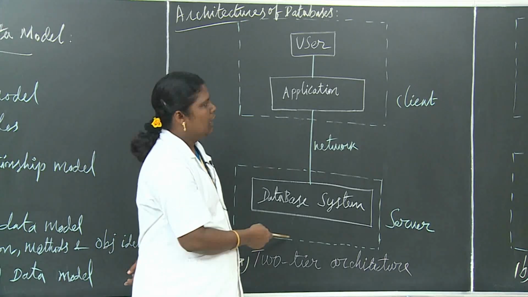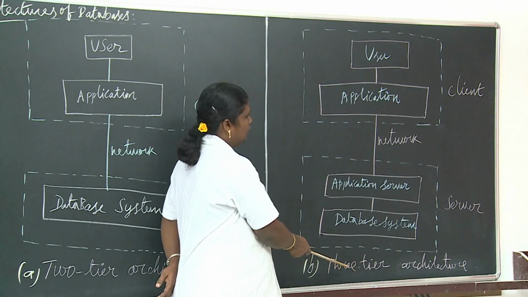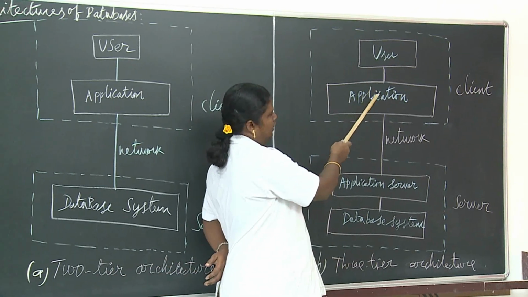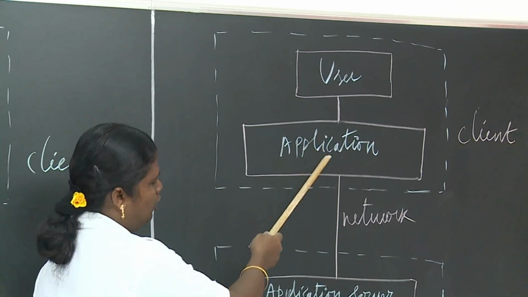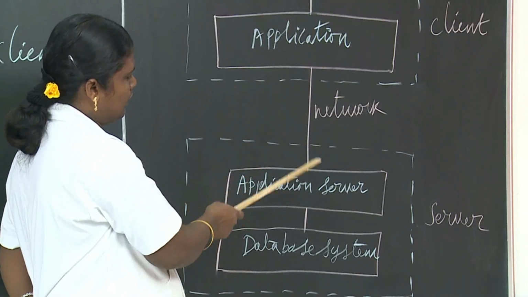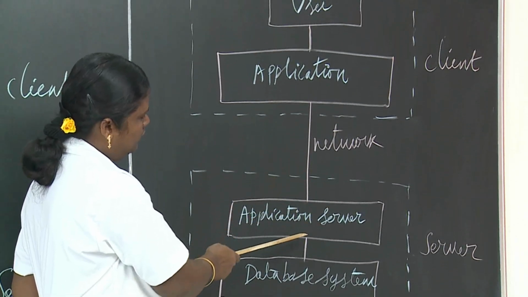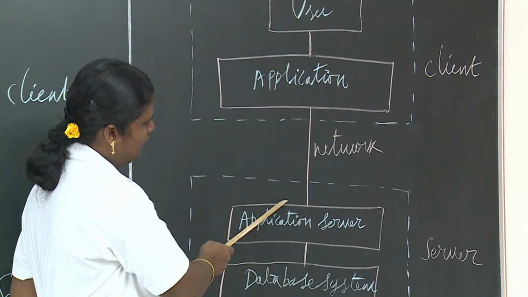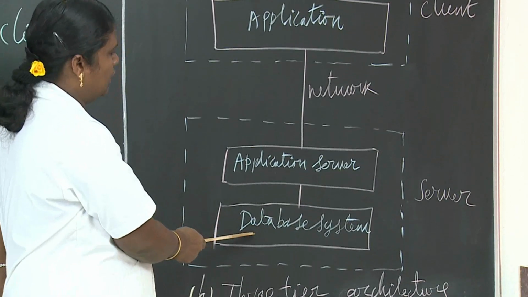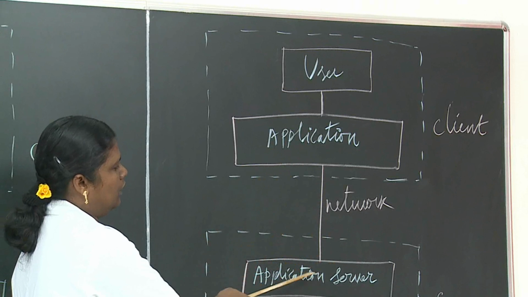In the same way, the next one is the three-tier architecture. Here, unlike the two-tier architecture, the user is requesting their application in order to access the data from the database. Here the application server acts as an interface between the database system and the user application through the network.